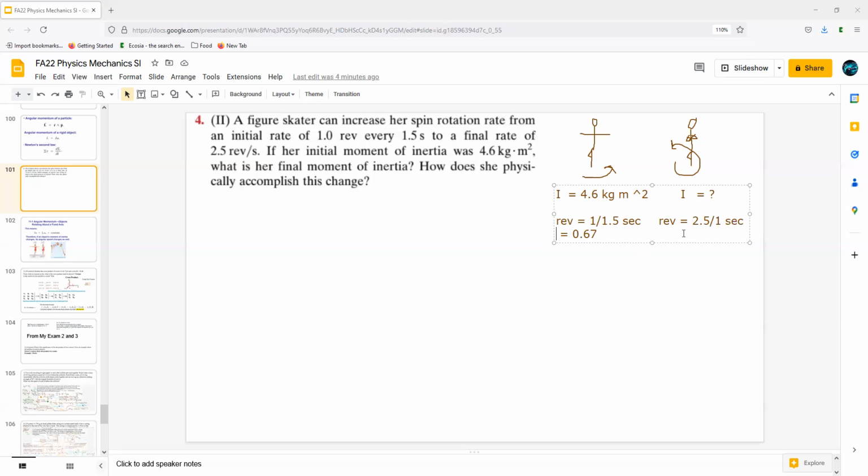I'll just put f equals frequency. And I need to leave space for the knot.